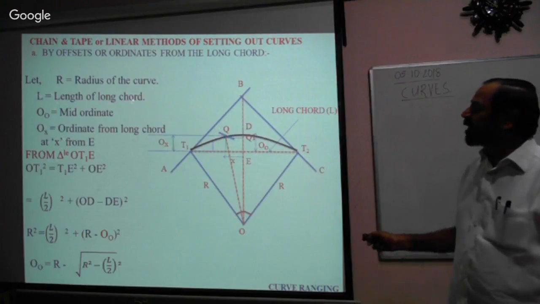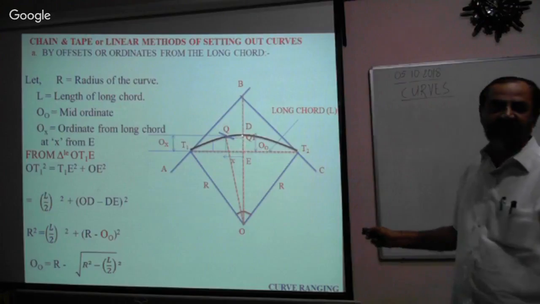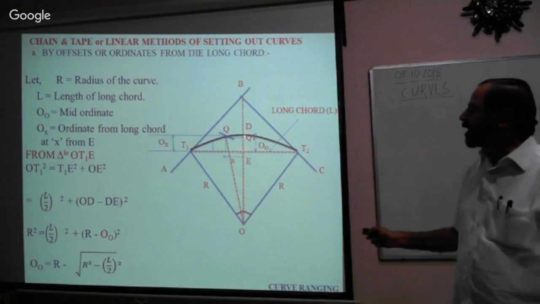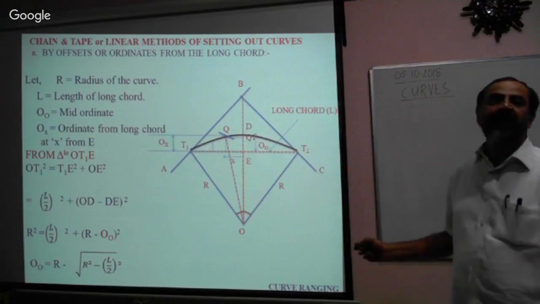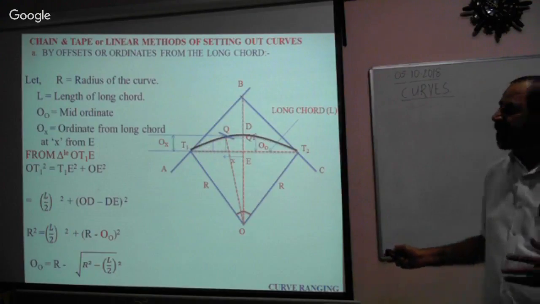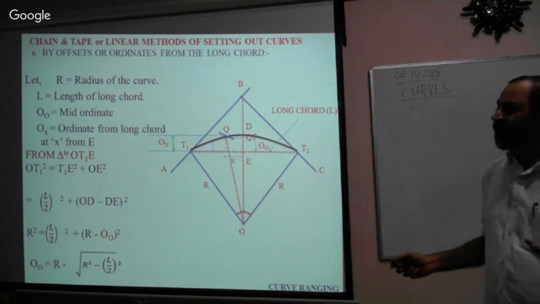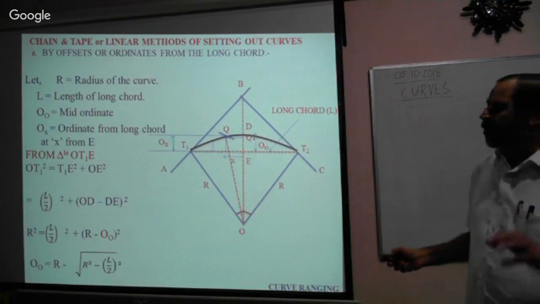See, the length of the chord, then the mid ordinate, which is already called the versine. We can calculate these ordinates: first ordinate, second ordinate, third ordinate, fourth ordinate. Any number of ordinates can be calculated, depending upon the way in which you want to lay the curve.